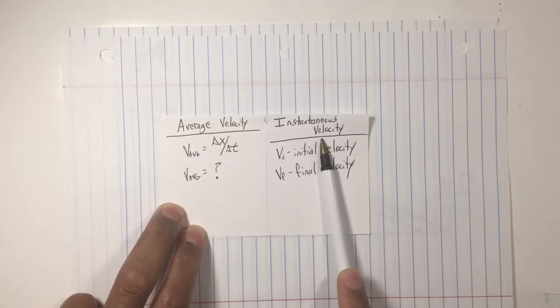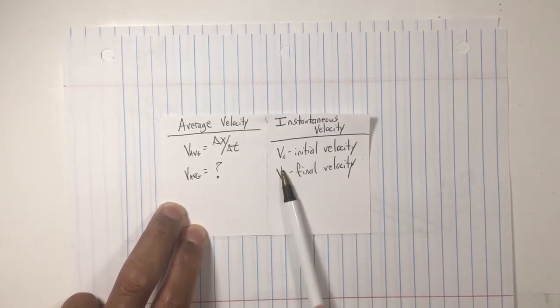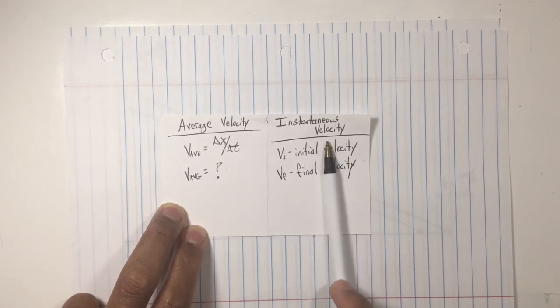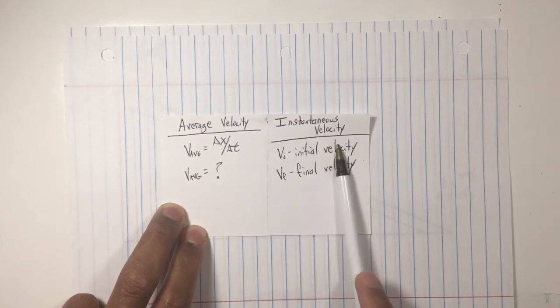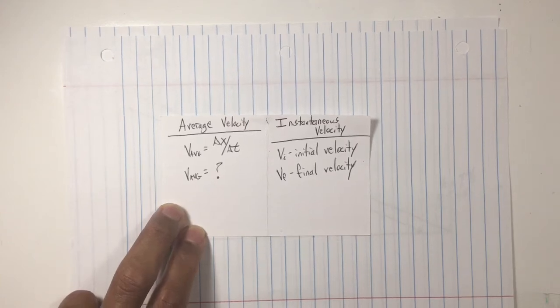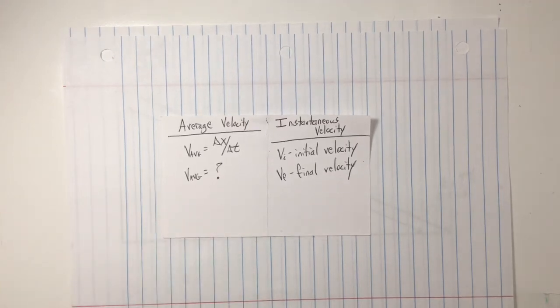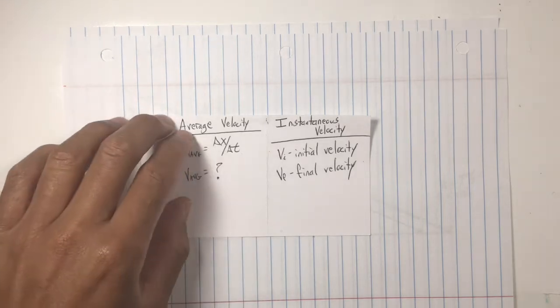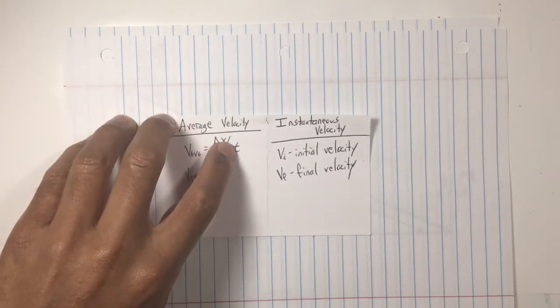When we're talking about accelerated objects, though, two things that are important are these instantaneous values. So we have instantaneous velocities here. Instantaneous simply means what is my value at some instant of time. Average velocity we took over a time interval.